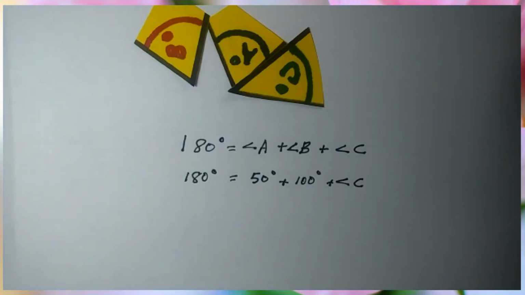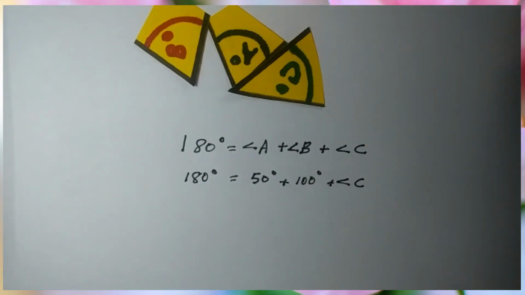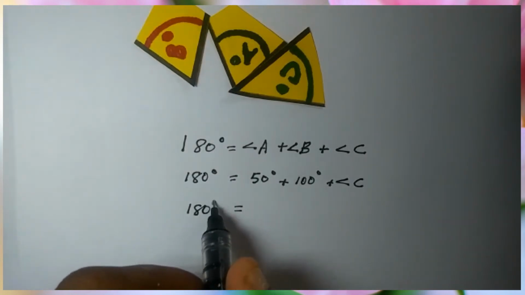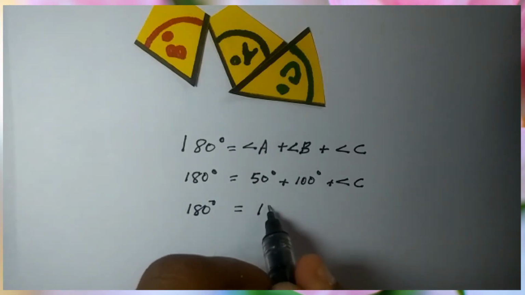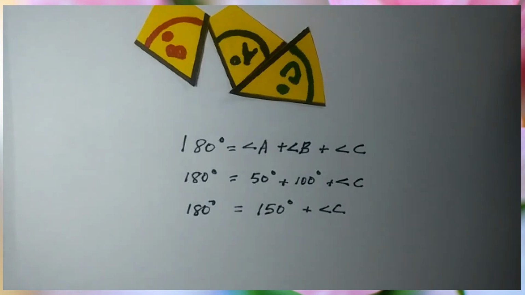Well, if I just proved that all three angles together add up to 180 degrees, if I carry these across the equal sign and change the sign, of course, I'm supposed to find out what the value of angle C is. Let's look at it. So 180 degrees, I can simplify here. 50 plus 100 will give me 150 degrees plus my angle C, right?